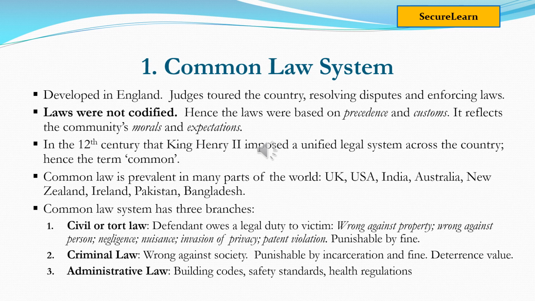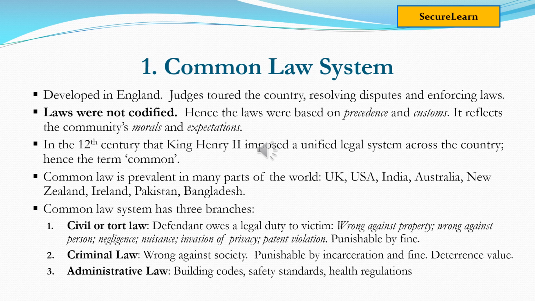This system developed in England, where judges toured the country resolving disputes and enforcing laws. However, at this point of time, laws were not codified, meaning there was no written book of statutes to rely upon.